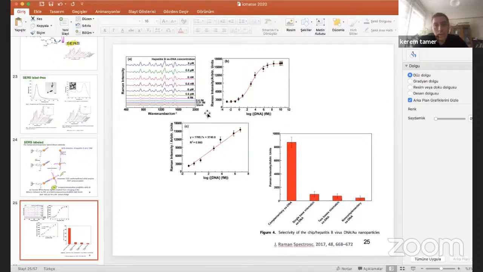As you see, we can detect up to the femtomole level of hepatitis B virus DNA. This is very important when you consider the low detection limit. You can also see that there is very high selectivity in our system.